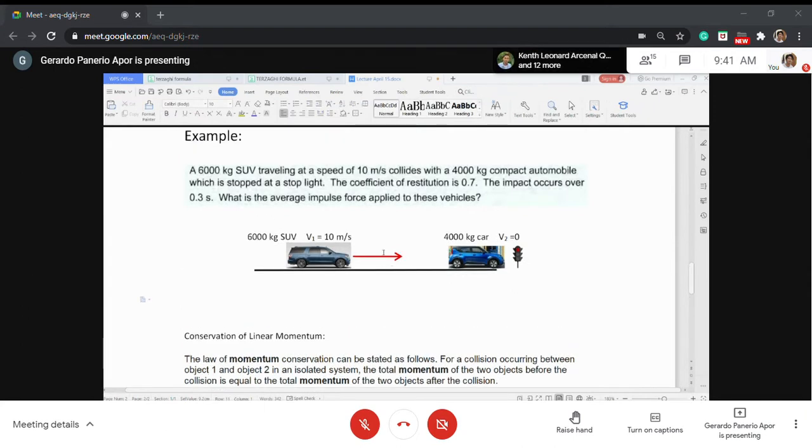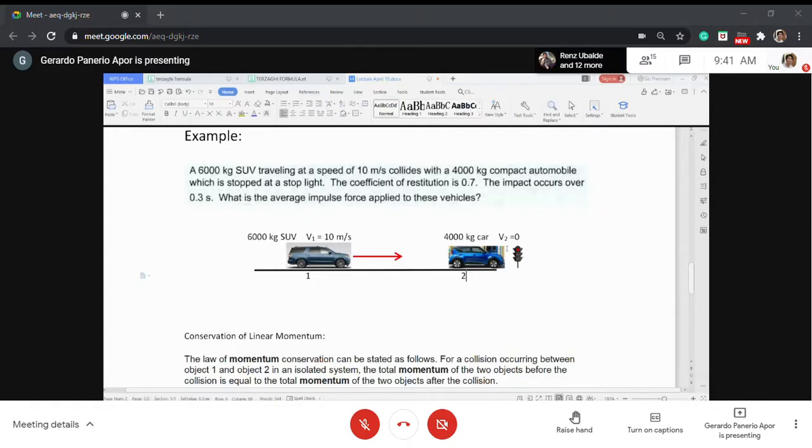If we consider this as one, then this one will be two. So a 6,000 kilogram SUV running at 10 meters per second is about to hit the car.